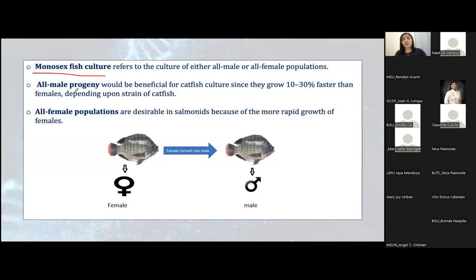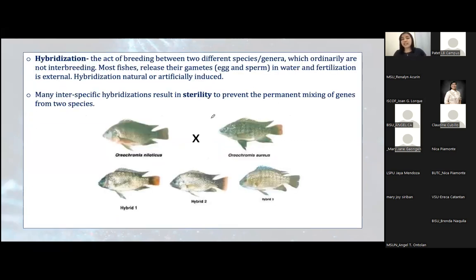So pwede siyang all male progeny. Obvious naman, gagawin mong lalaki lahat, and all female progeny, gagawin mong babae lahat. Usually itong all male progeny ay ginagamit sa catfish culture, and for all female progeny, usually sa mga salmon.